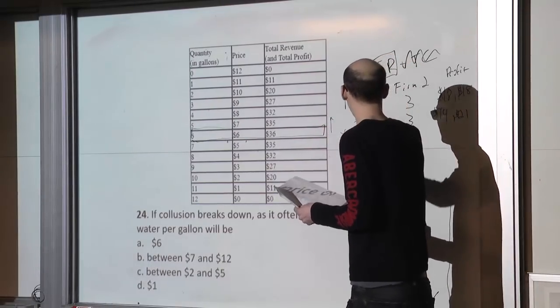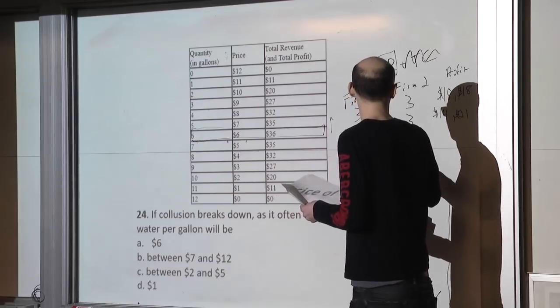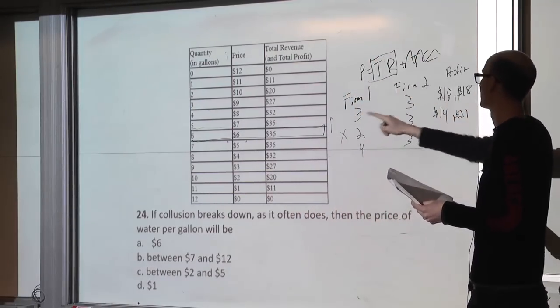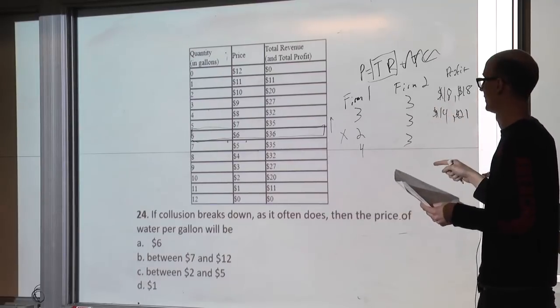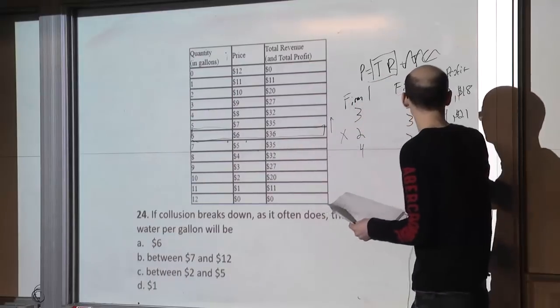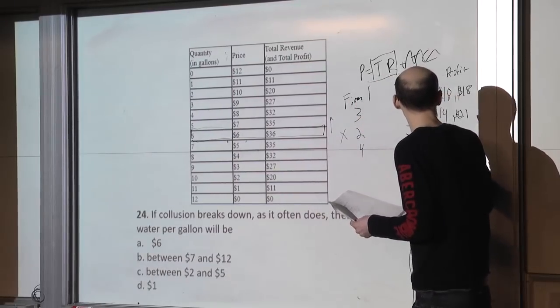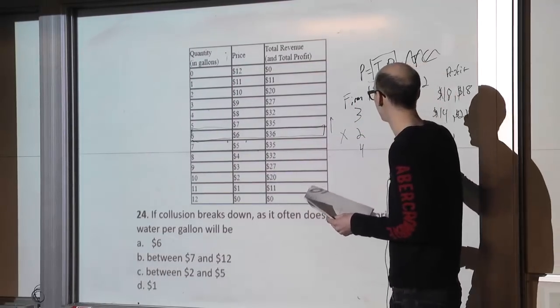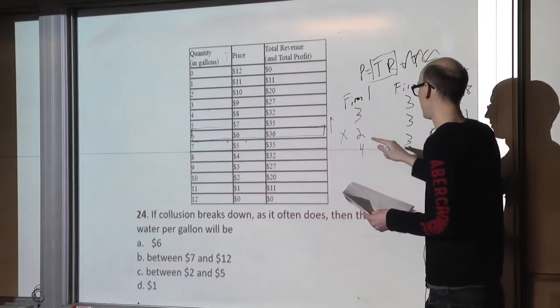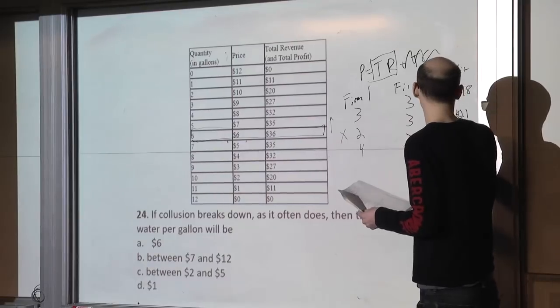So if firm 1 produces 4 and firm 2 continues producing just 3, then how much total profit will firm 1 earn? They'll earn 4 times 5 or 20, and firm 2 will earn 3 times 5 or 15.